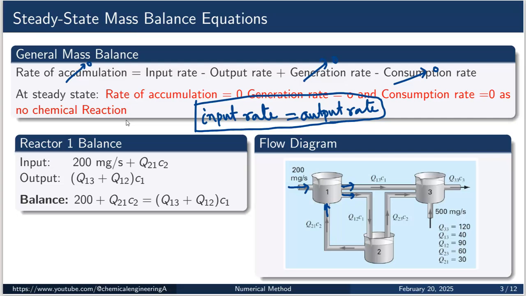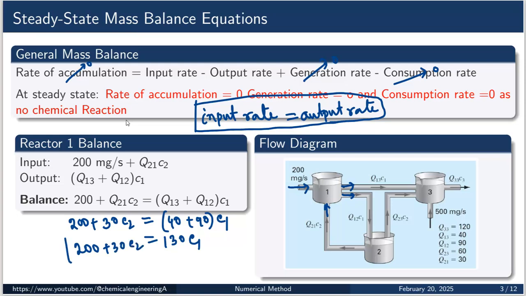Now the parameters are given, so 200 plus Q21 is 30 C2, that is equal to Q13, which is 40, and Q12, which is 90, into C1, so that is 130 C1. So 200 plus 30 C2 is 130 C1. That is equation number 1.